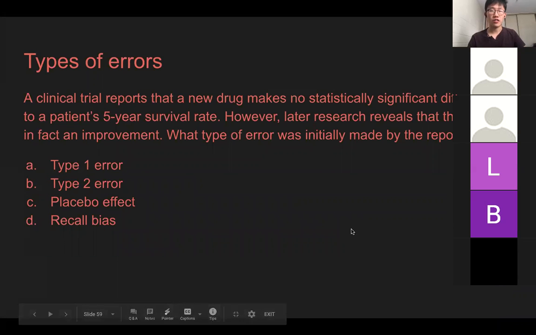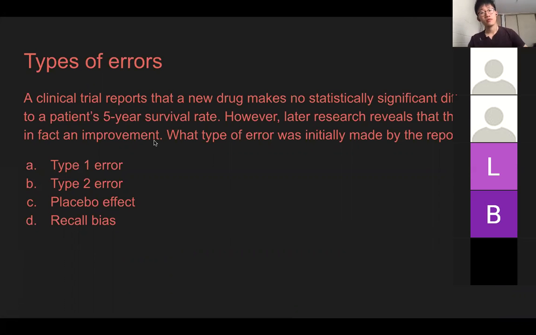So now we're going to look at the different types of errors. Just a few questions. What type of error has been made here? Okay, so people are saying B. It is, yep, you're correct.